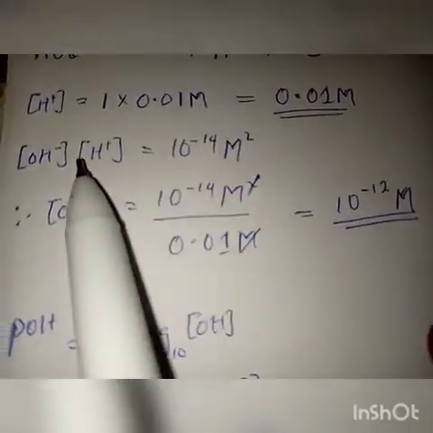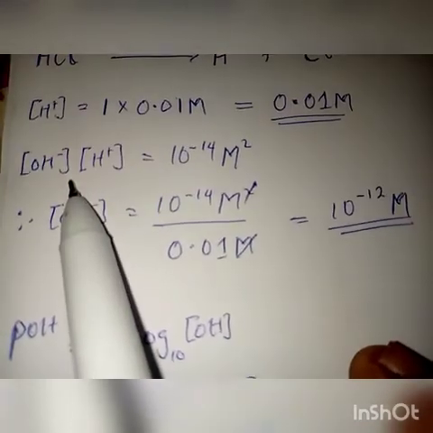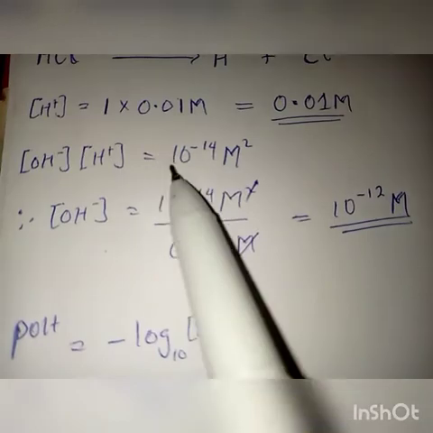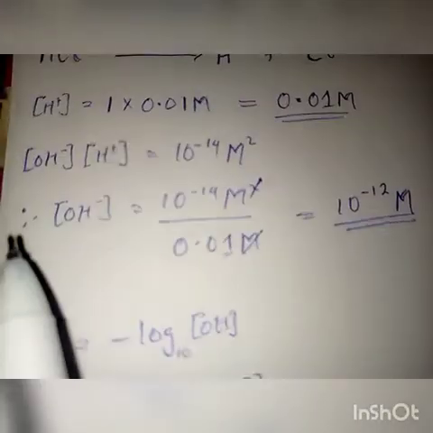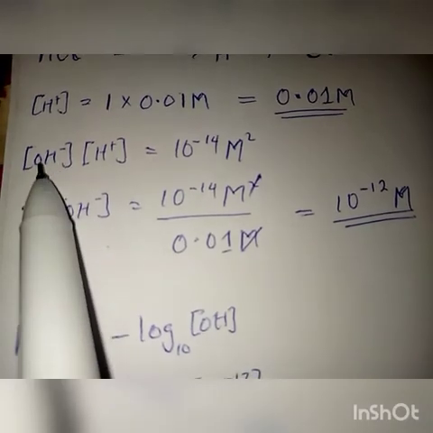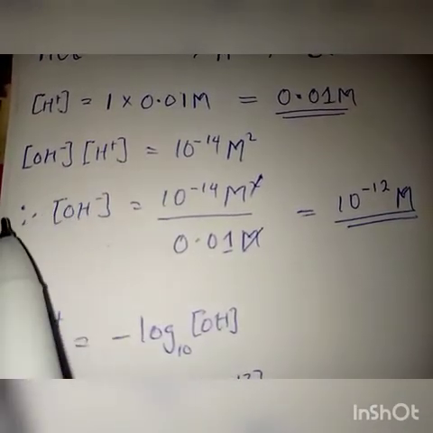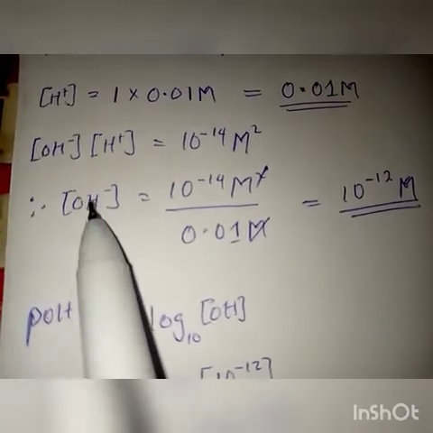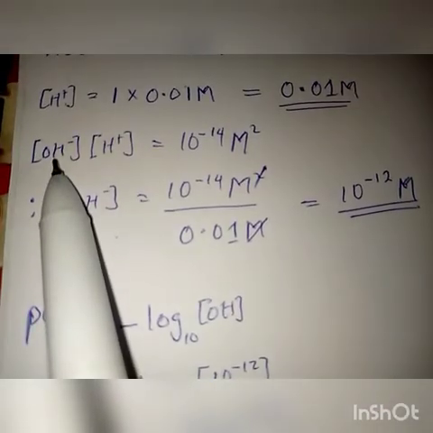Now to get hydroxide ion concentration, remember that the product of hydroxide ion concentration and hydrogen ion concentration is always 10 raised to power minus 14 molar square, as stated earlier. So now to get hydroxide ion concentration, divide both sides by hydrogen ion concentration. So hydrogen ion concentration will cancel hydrogen ion concentration. So I will have hydroxide ion equals 10 raised to power minus 14 divided by what?